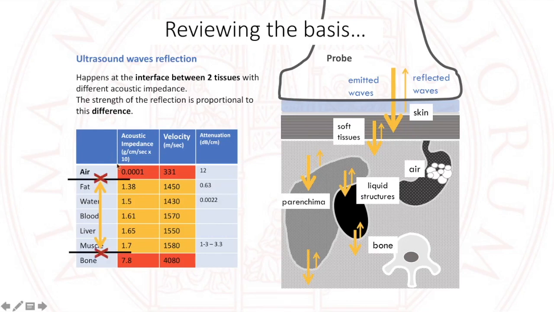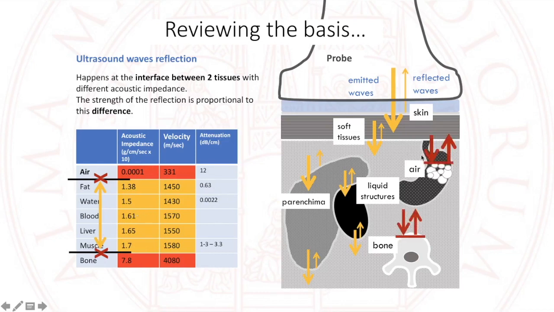Some problems arise as we try to insonate other structures that have acoustic impedance which is either very low or very high compared to blood and water. And these two are air and bone, basically.